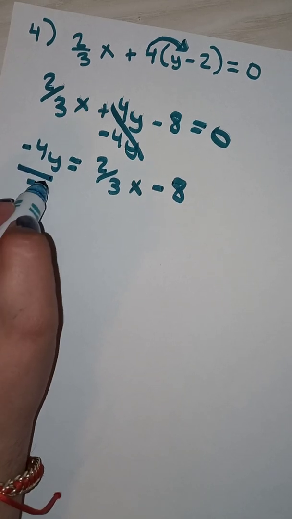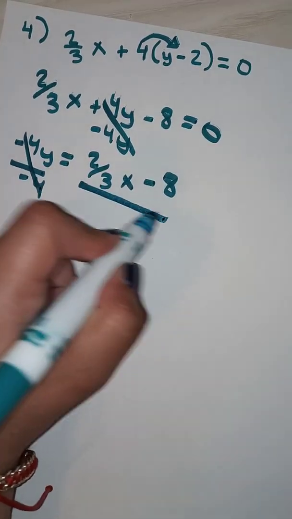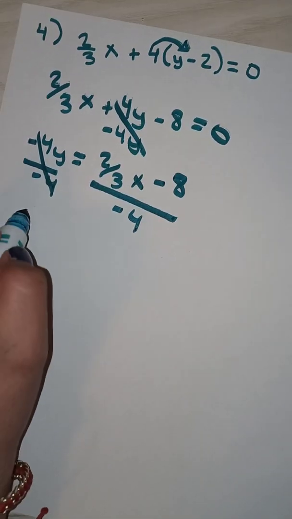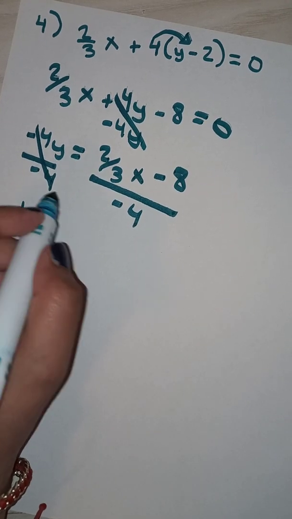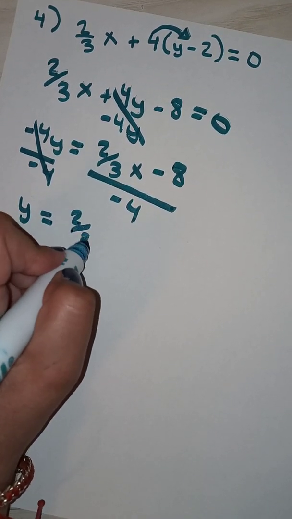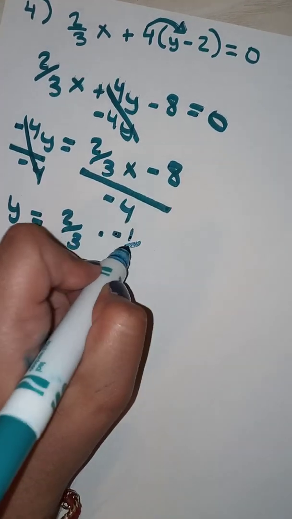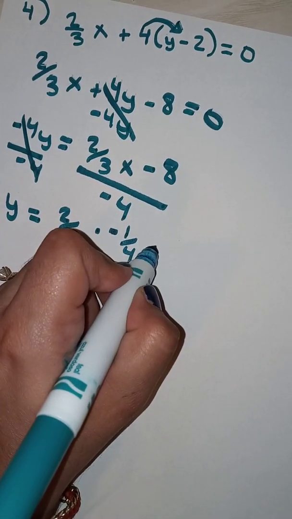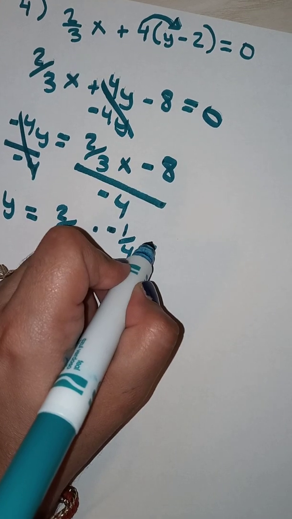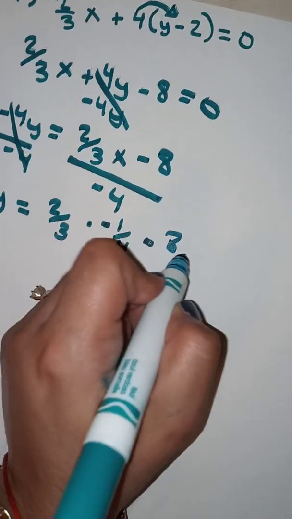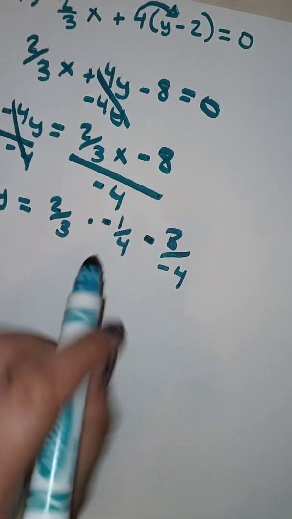Divide this whole equation by negative 4, and we have y is equal to 2/3 times negative 1/4 x, negative 8 divided by a negative 4.